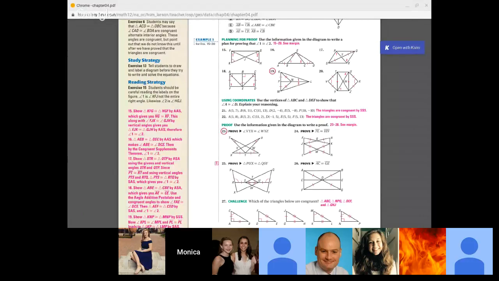Yeah, exactly, Megan. It is the distance formula. So you would do the distance between A and B, B to C, and then A to C, and then D and E, E to F, and then D to F. And then if the sides are congruent, the angles would also be congruent.